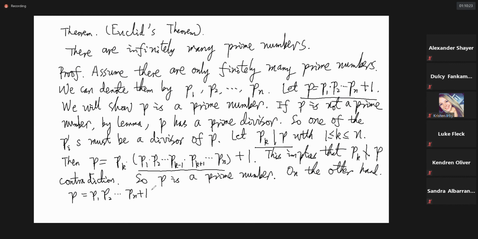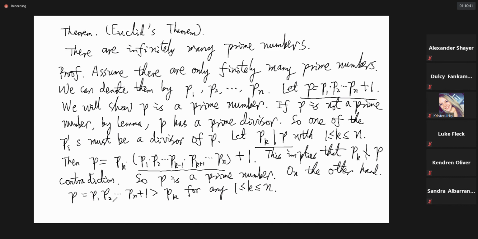So this is greater than pk for any k between 1 and n.